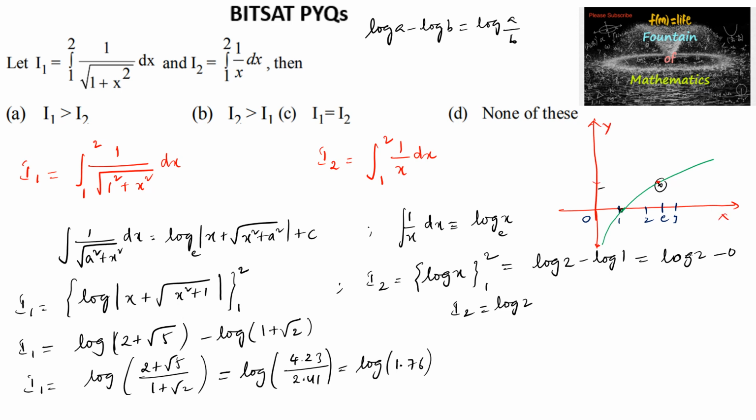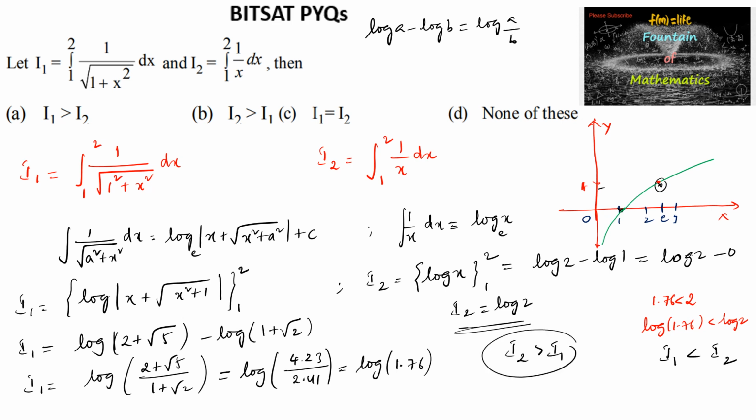Clearly we can say that since it is an increasing function, 1.76 is smaller than 2, so log of 1.76 must be smaller than log 2. So log of 1.76, that is I1, is smaller than I2. So we can say I1 is smaller than I2, or I2 is greater than I1. So which is option B. We can go with option B, I2 is greater than I1.